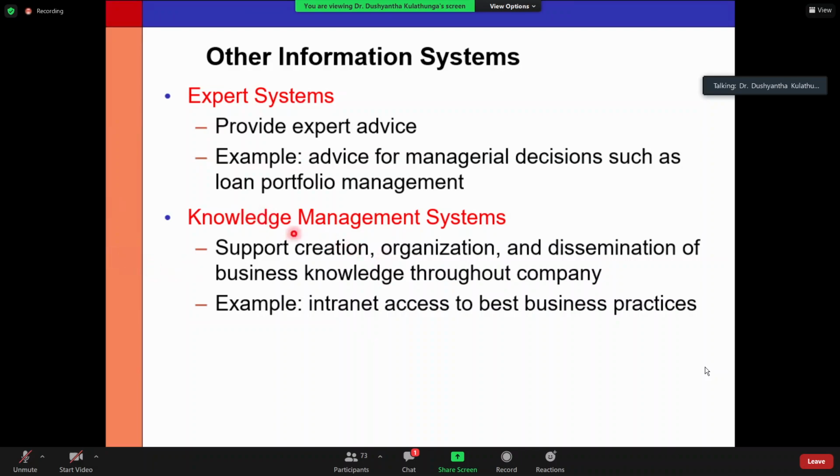There can be places where knowledge is created, and knowledge management systems can be used to support the creation of knowledge there, the organization of that knowledge after creation, and the dissemination of the knowledge among the employees within the organization, so that they can utilize it to improve the work that they perform and the business processes that they execute.